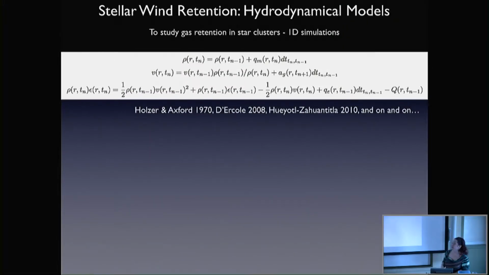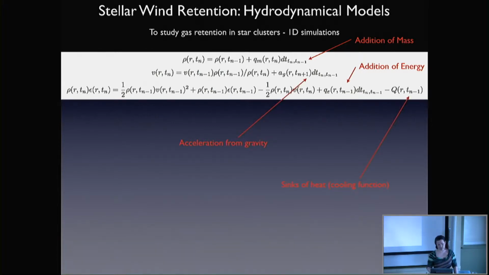So here are the conservation equations written out. What you should be aware of is that these take in a prescription for some addition of mass from stellar winds and some addition of energy. Of course, you have the acceleration from gravity, from both the gas itself and the potential well.